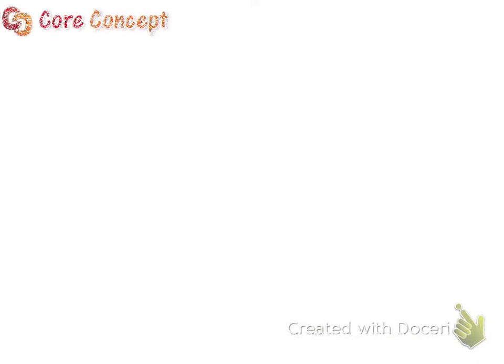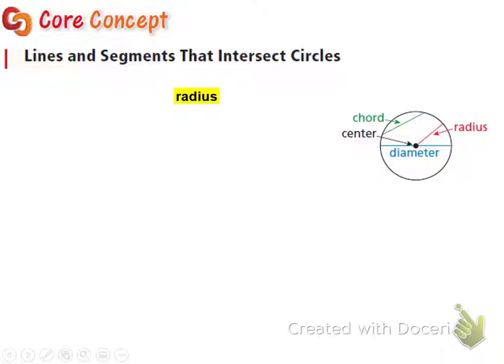But the first one we're going to talk about is a radius. Go ahead and label your radius. Here's just an easy way to remember it. The radius is from the center to the edge.